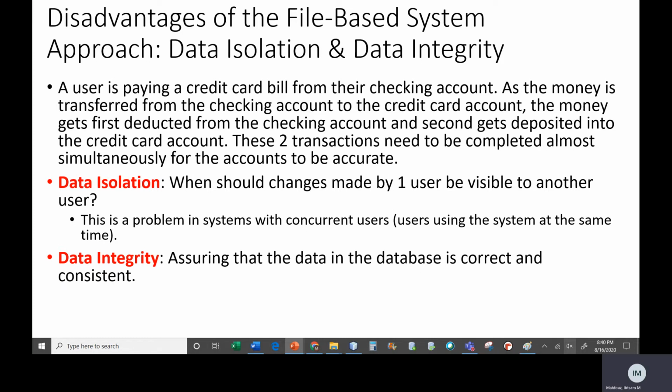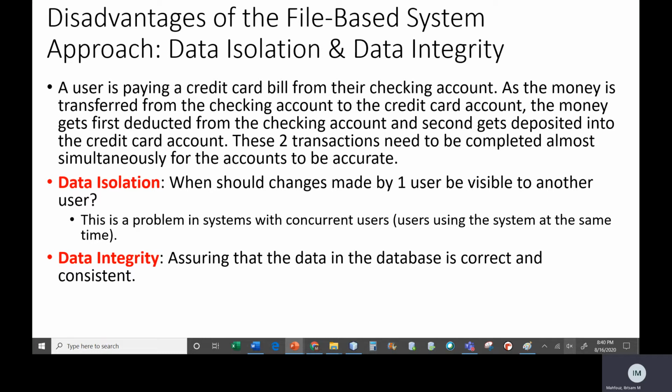And what happens with the data isolation, because the data is kind of isolated in two different places, you have it duplicated in two places, or you have data that you're taking from one place, putting into another place, that might lead to data integrity problems. And data integrity, when we want to talk about data integrity, we want to make sure the data is correct and consistent.